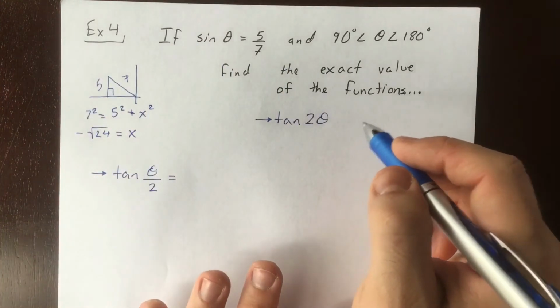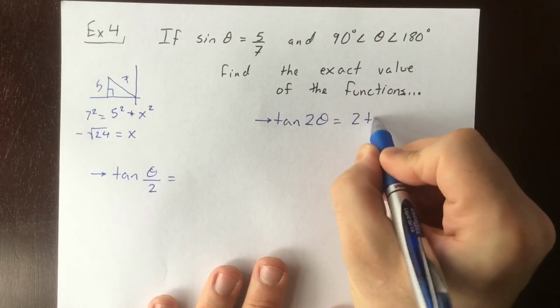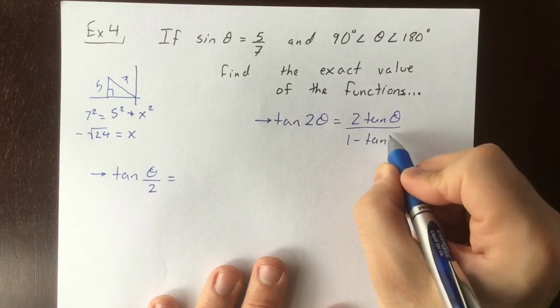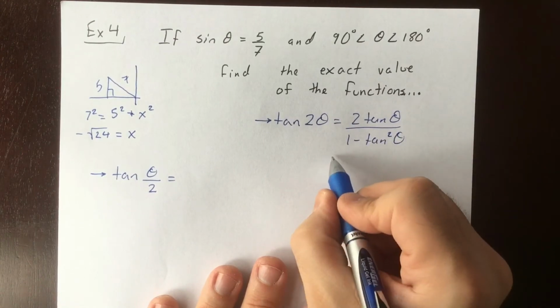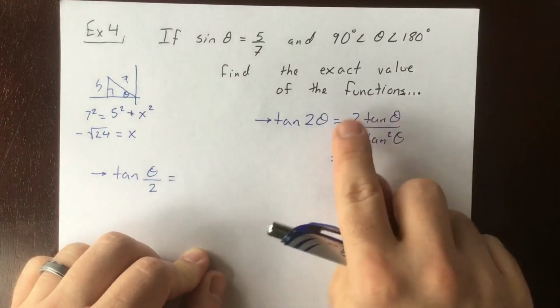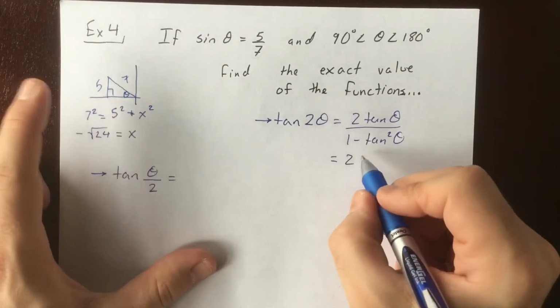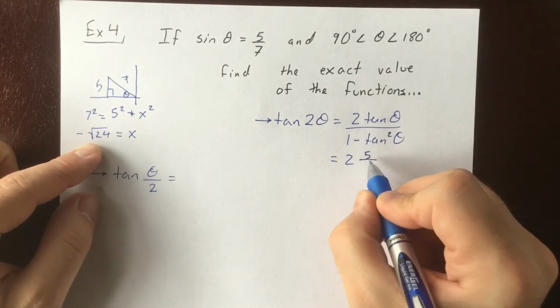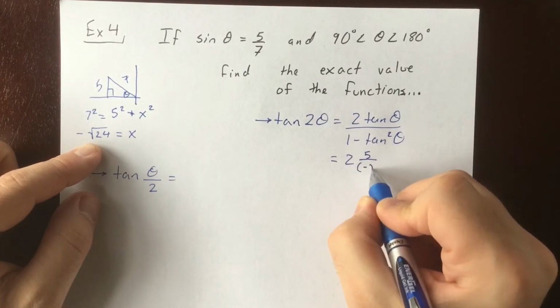Tangent of 2 theta. We have 2 tangent theta divided by 1 minus tangent squared of theta. So 2 times tangent of theta. Tangent is 5 over negative square root of 24.